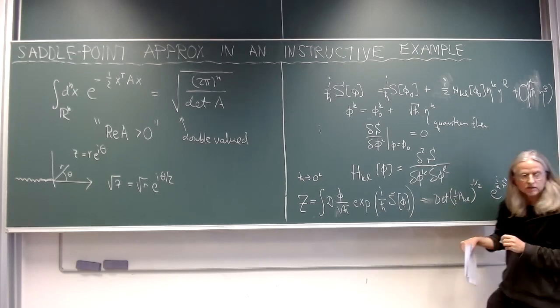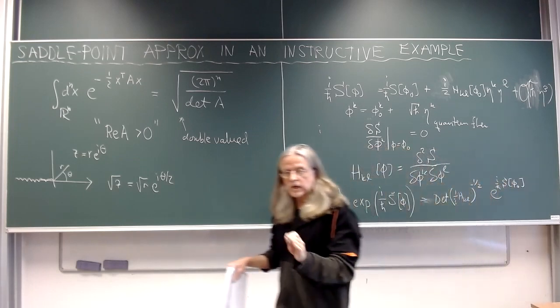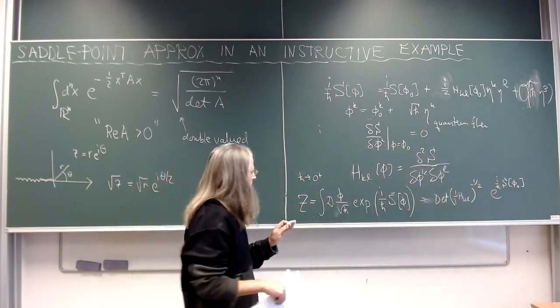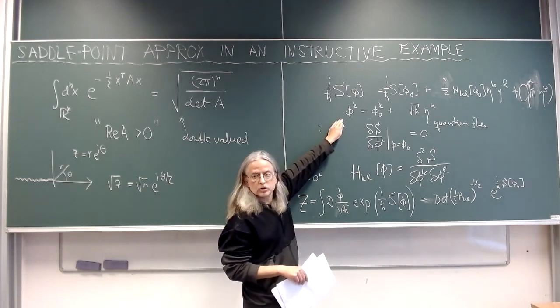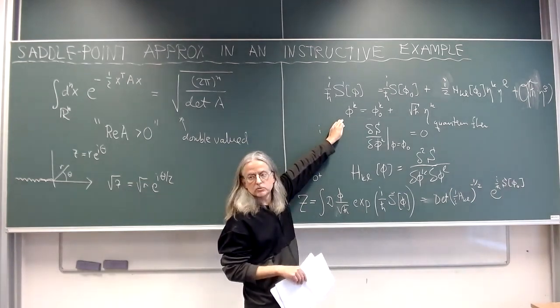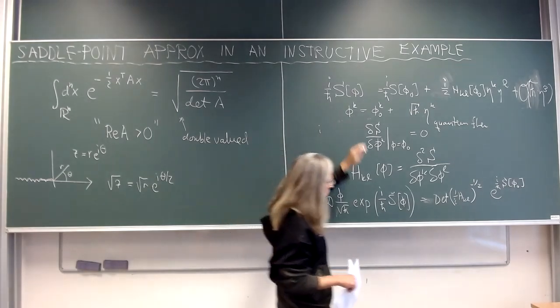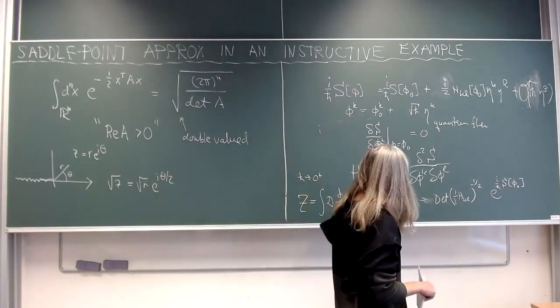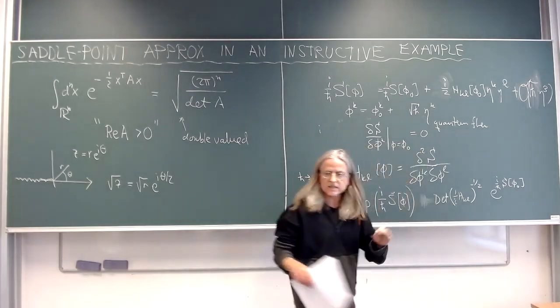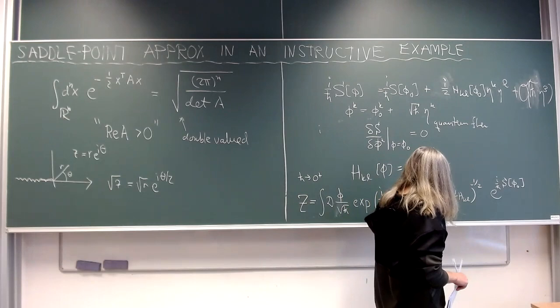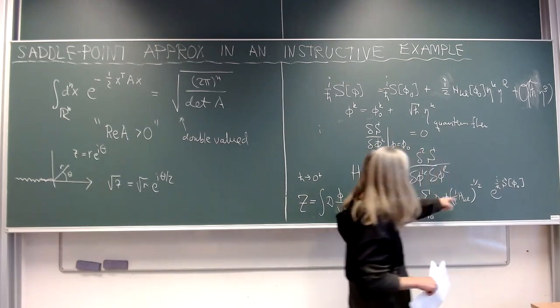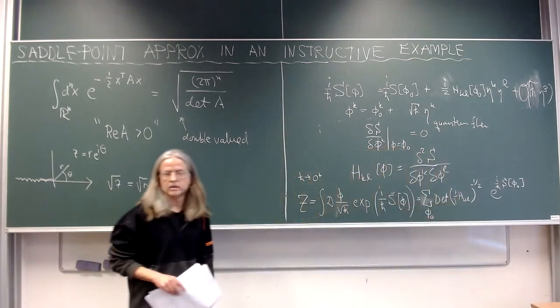Does that make sense? And then we can immediately make a generalization, because it could be that there's more than one solution to the classical equation of motion, to the Euler-Lagrange equation. If that's the case, then we call them instantons. So then we would have a sum over instantons, and then we have this formula here.